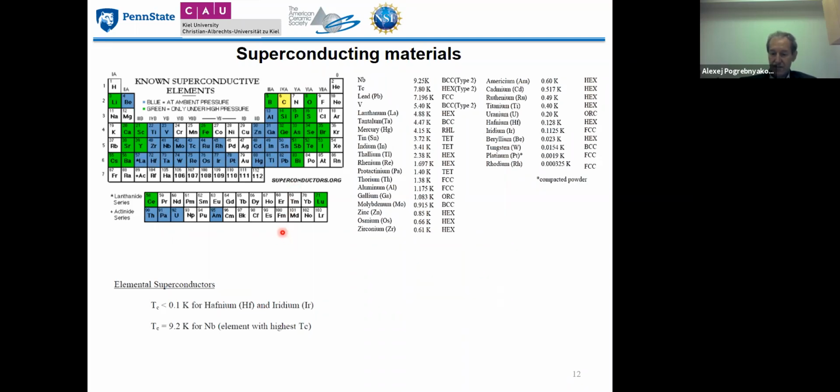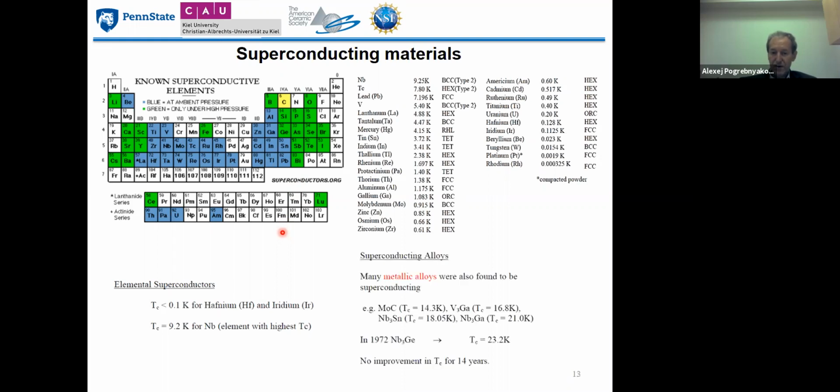So these are elemental superconductors, but there are a lot of superconducting alloys. For example, there are many metallic alloys, and many of them are used in applications.